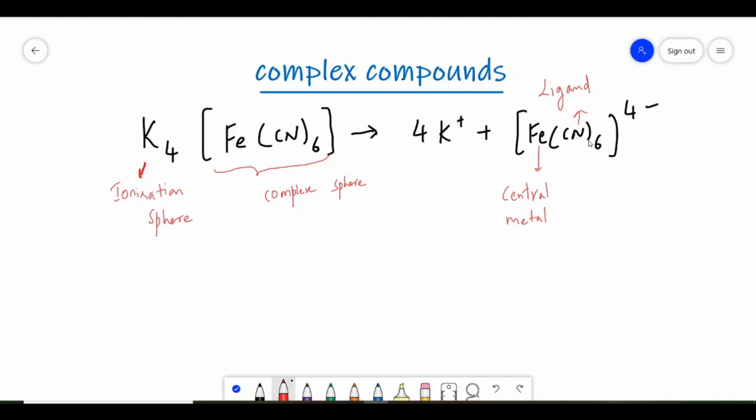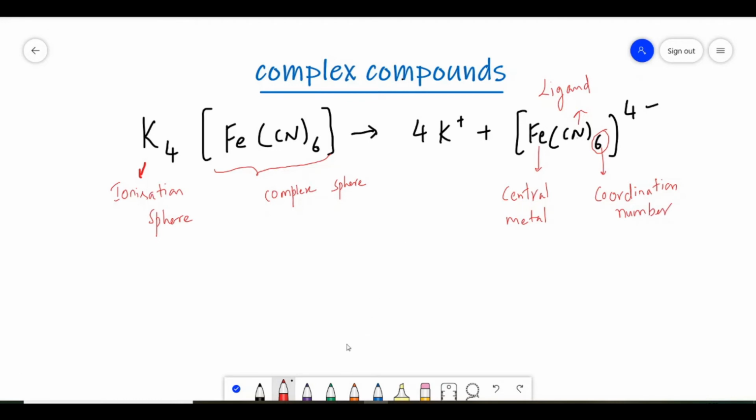And whatever this number 6 is, it tells about the coordination number. So this is basic information we must know about a complex.